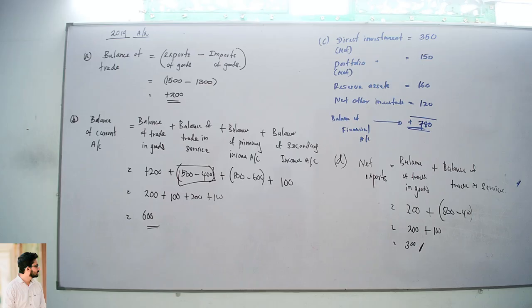Okay? So Sandil, net capital transfers, both government and private capital transfers, are recorded in the capital account, not the current account. Did you get what I said? So the second one is wrong.